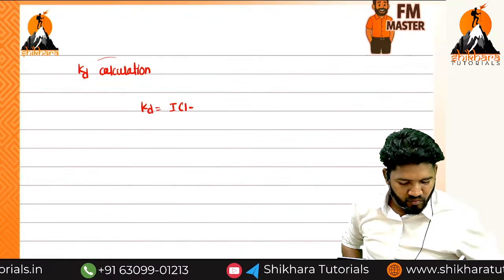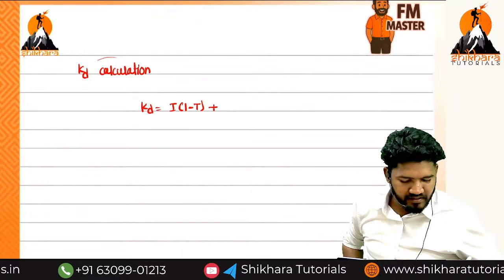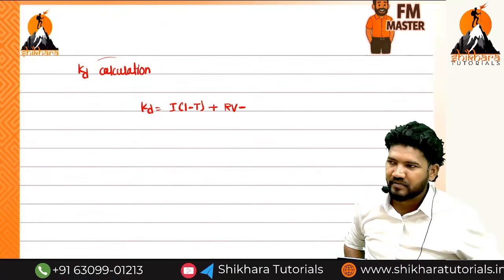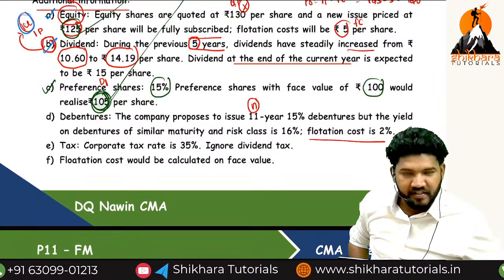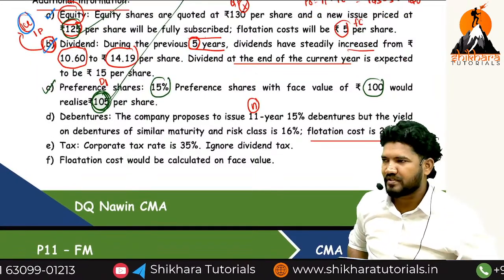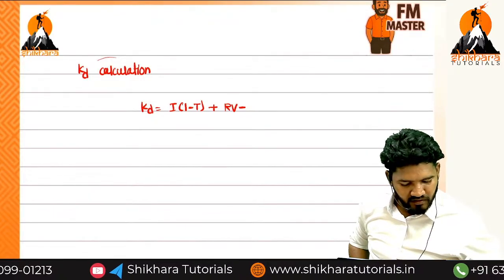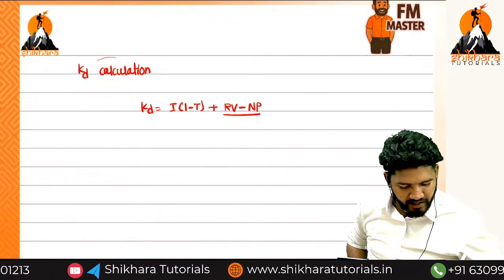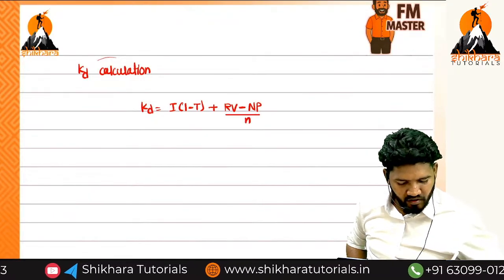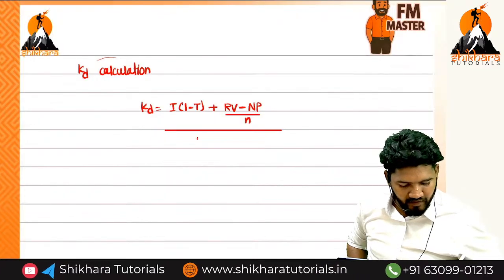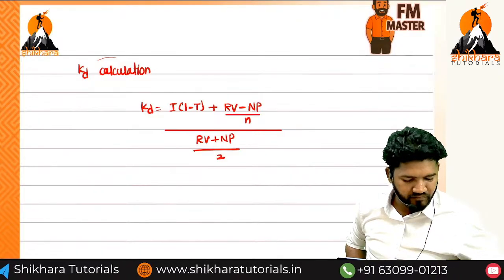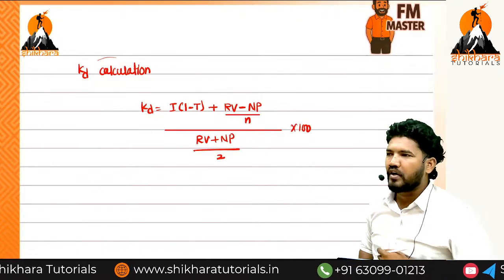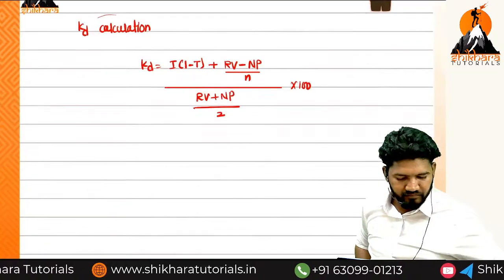Interest times 1 minus tax plus repayment value minus net proceeds divided by N, whole divided by the average of repayment value and net proceeds. Flotation cost is there, so net proceeds. Are you clear? Okay, then fine.